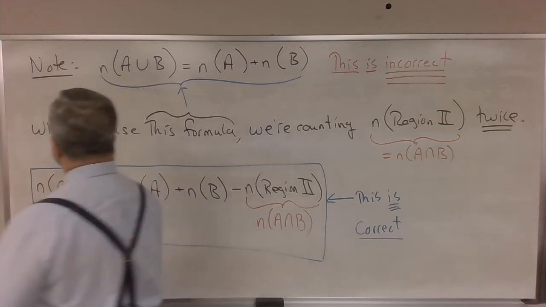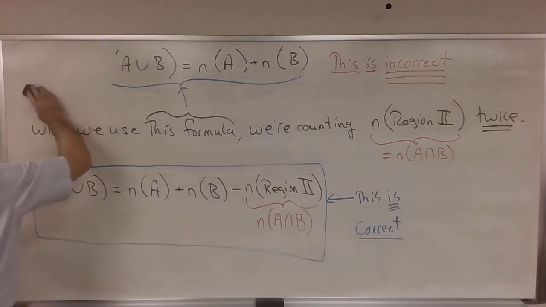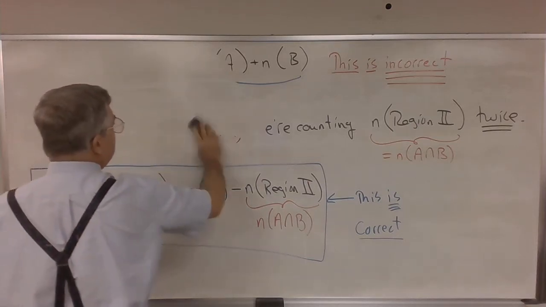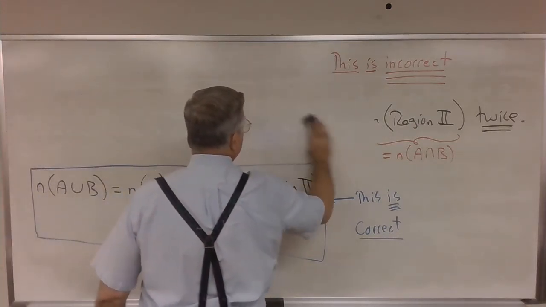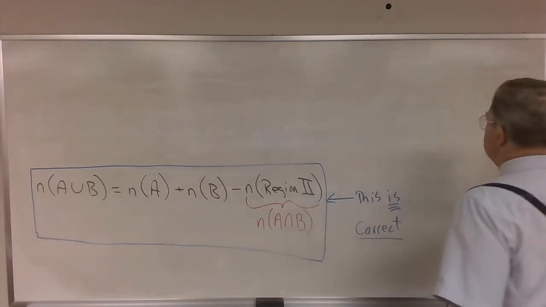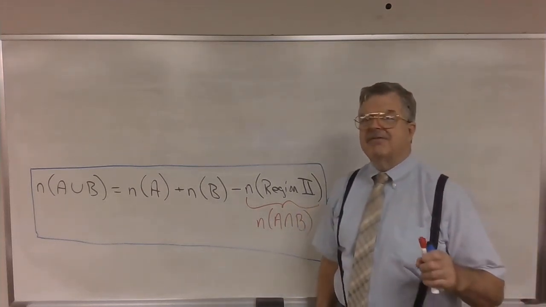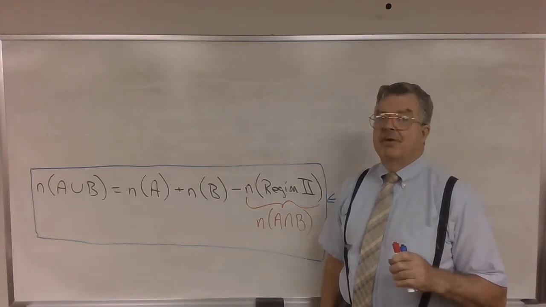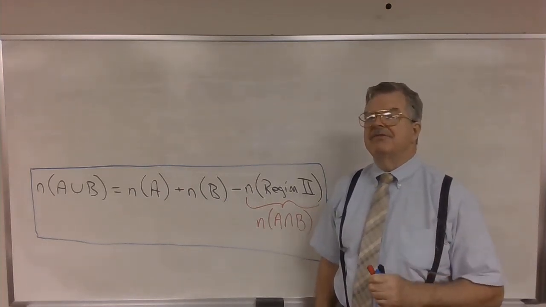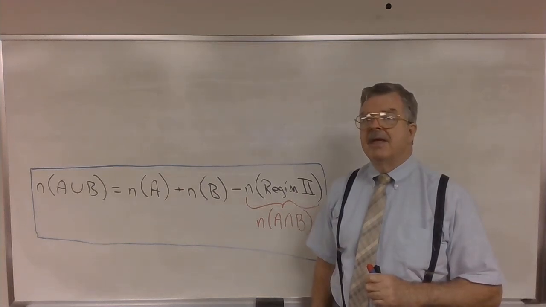Now, let's write down the correct formula. We've seen the incorrect formula, the formula that we'd be tempted to use if we hadn't really thought things through completely.